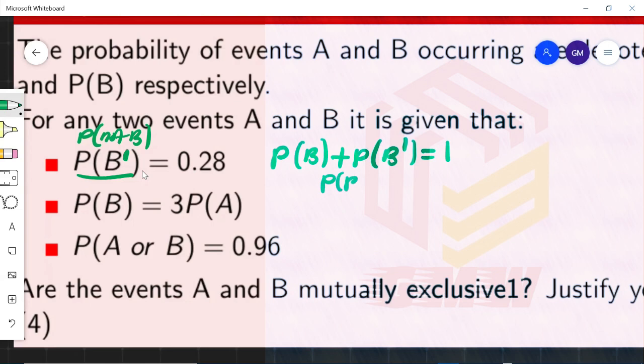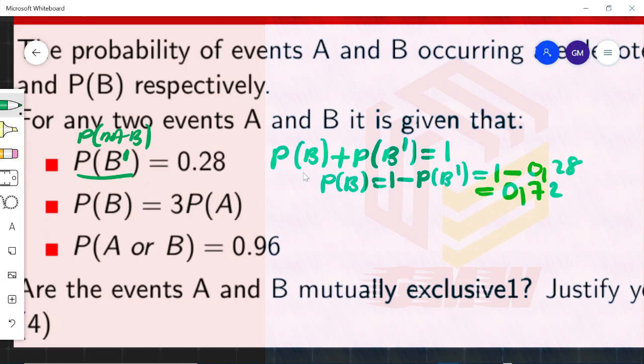From this we can get probability of B by saying probability of B is 1 minus probability of B complement, which is 1 minus 0.28. What do you get? 0.72. So I already have this idea because I know there's a connection here.